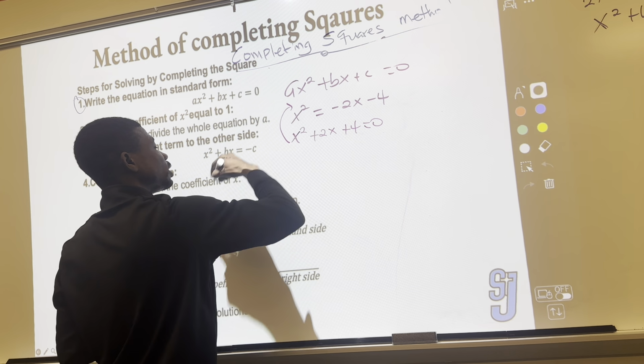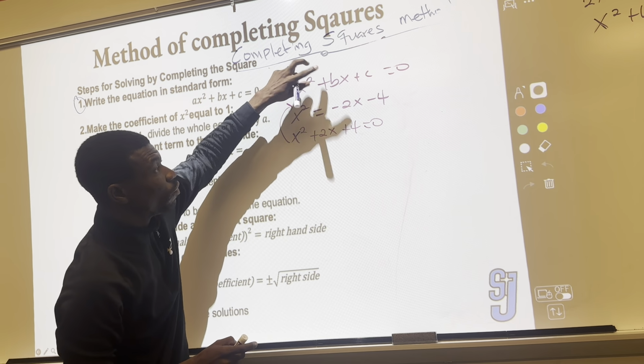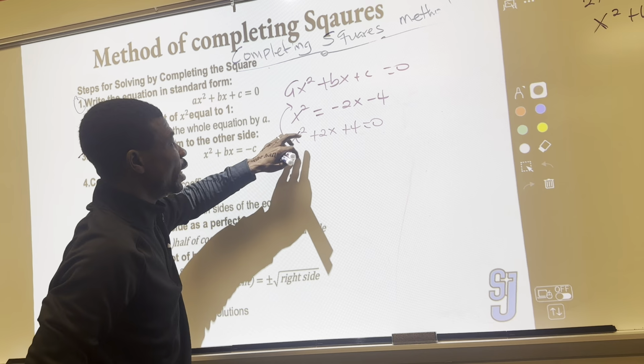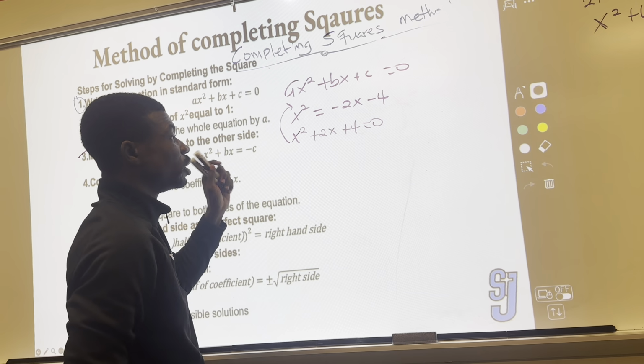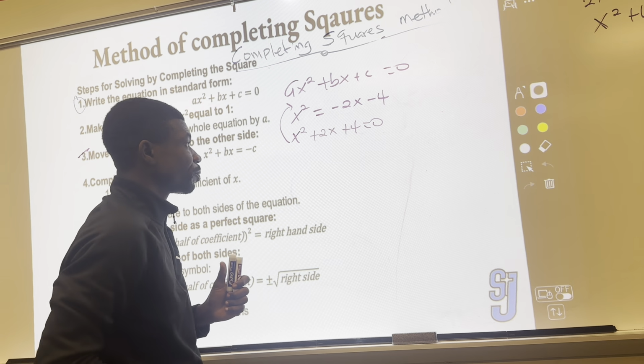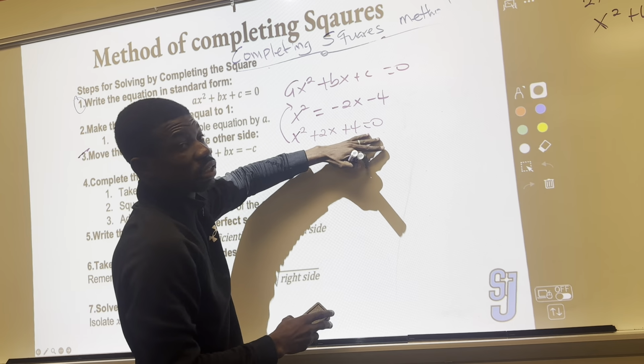Once I'm able to do this, it means I have written the equation in the standard form that I want. Now, if I leave it this way, solving the equation will become a problem. So if I'm solving by completing the square, it's very simple.